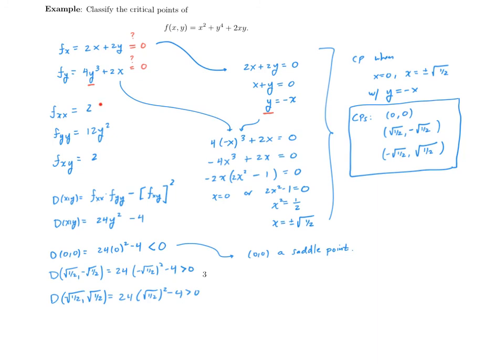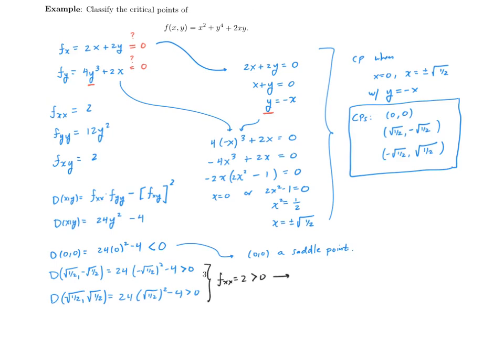And it's worth noting we can use either one of these second derivatives that we would like. I would typically just pick the simplest one to work with, 2 in this case. So observe that in either case, the second derivative is equal to 2, which means it's positive.